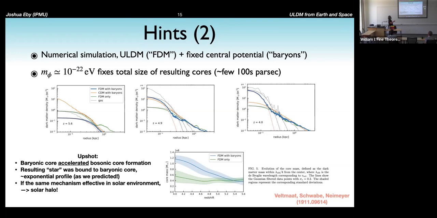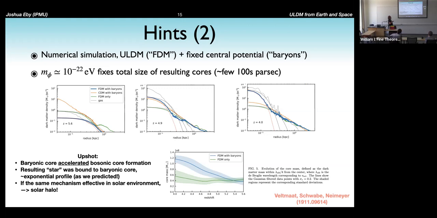So they find, comparing the green line, which is ULDM only, this smooth soliton with a few orders of magnitude larger density than the background. If you included a baryonic potential to the same simulation, you found one to two orders of magnitude larger density and a very different shape.